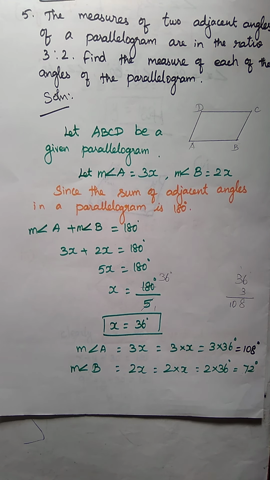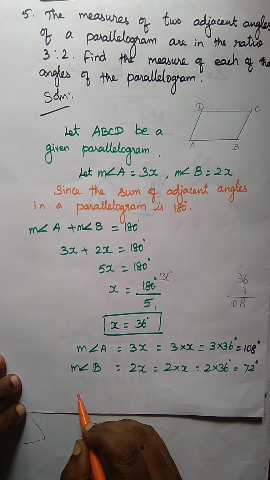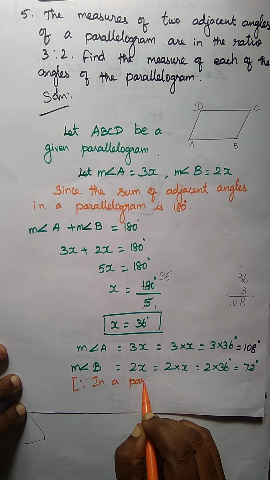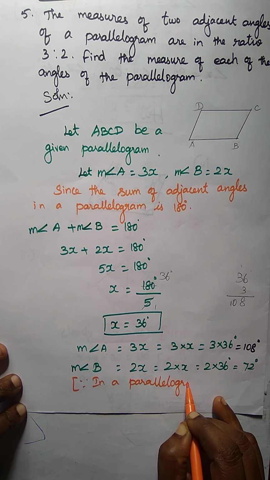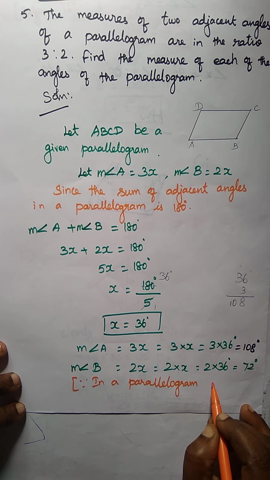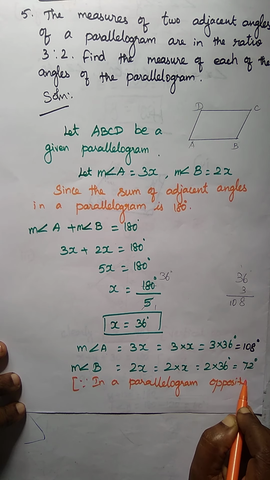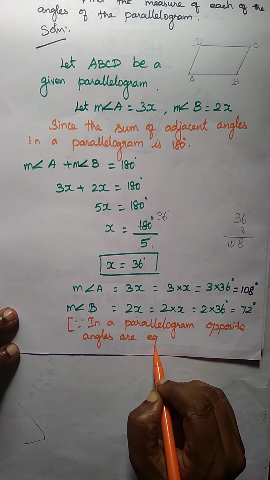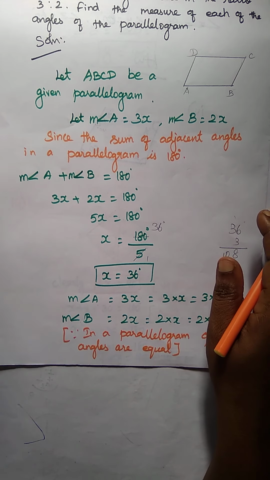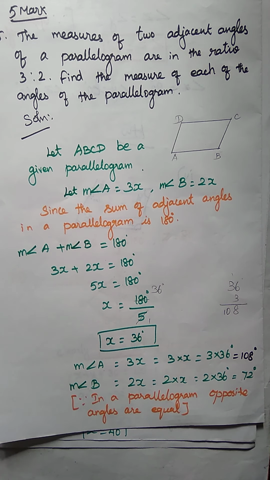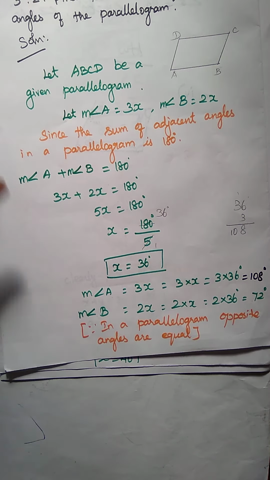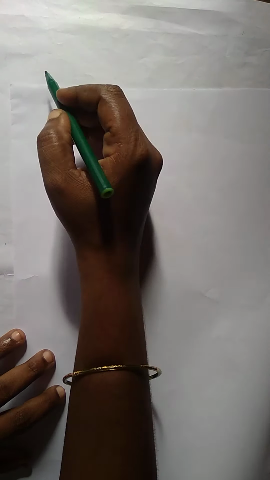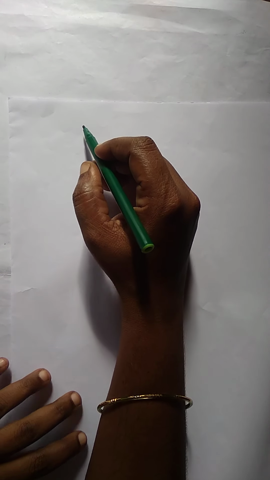Okay. Now write the property. Which property? In a parallelogram, opposite angles are equal. So now what are the opposite angles here?